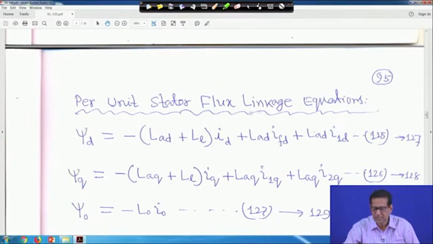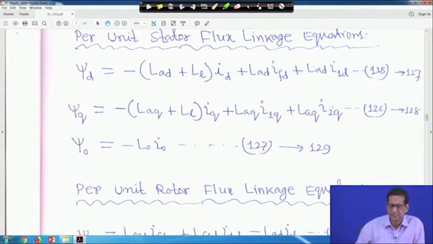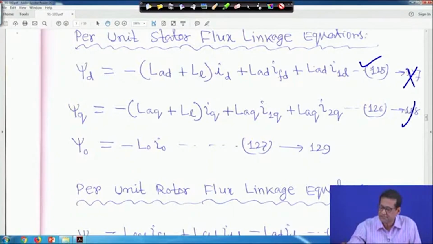Now, per unit stator flux linkage equation, this has already been derived, right, but this is just a summary. So, psi d is equal to minus in bracket LAD plus LL into ID plus LAD IFD plus LAD I1D. This is equation 125. So, this should not be seen.